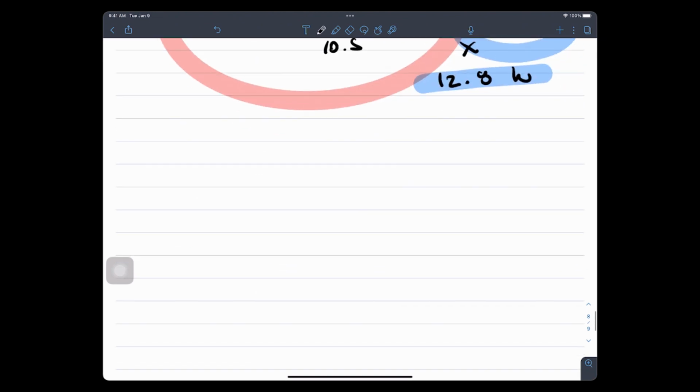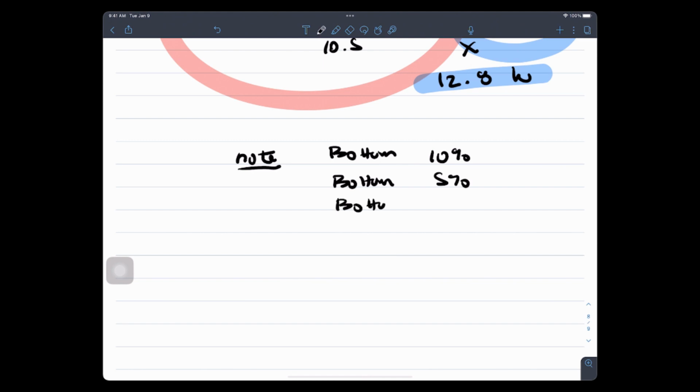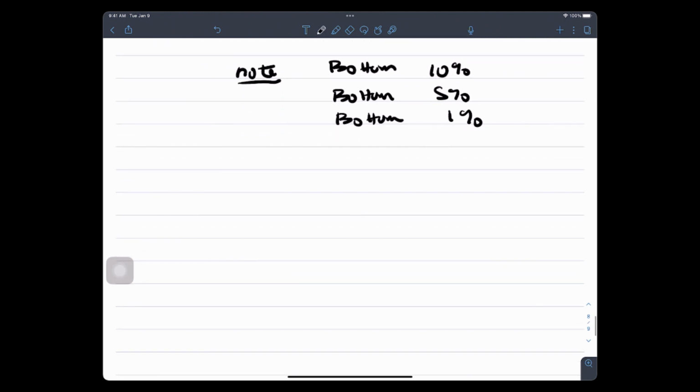So I want you guys to note something here. We also have what's called the bottom 10%, the bottom 5%, and the bottom 1%. All these bottoms.